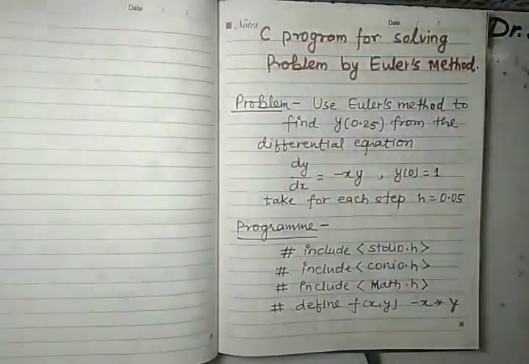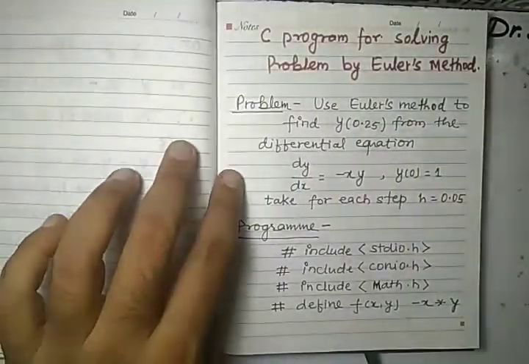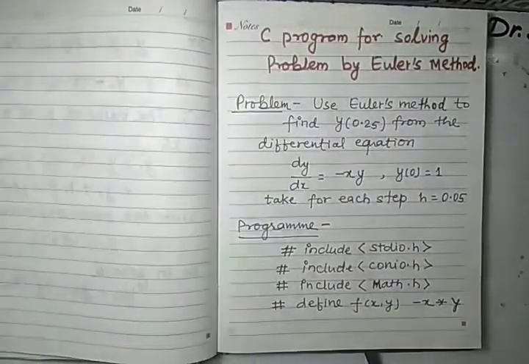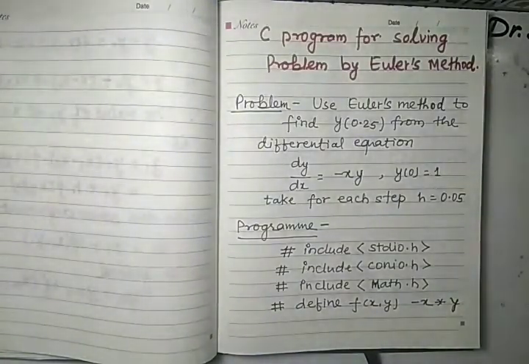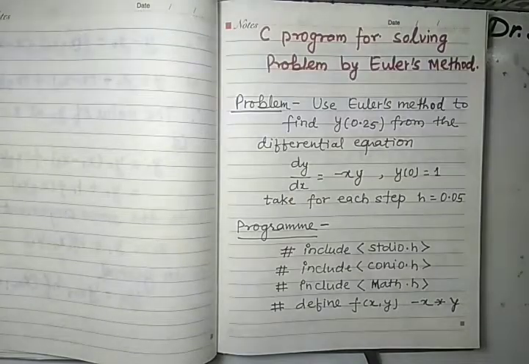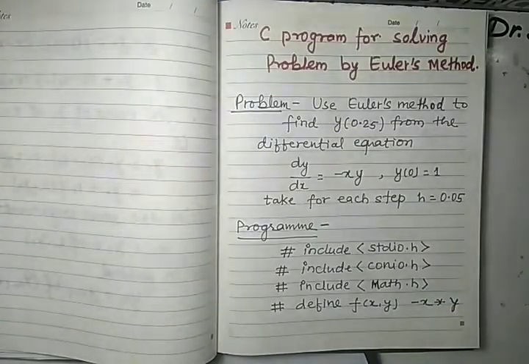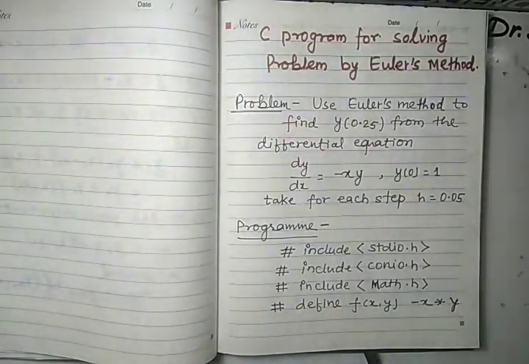So now we write a C program for solving the problem by Euler's method. For this we choose a problem in which, by use of Euler's method, we find y at 0.25, that is x_m = 0.25, from the differential equation dy/dx = minus xy with the initial condition y0 = 1.